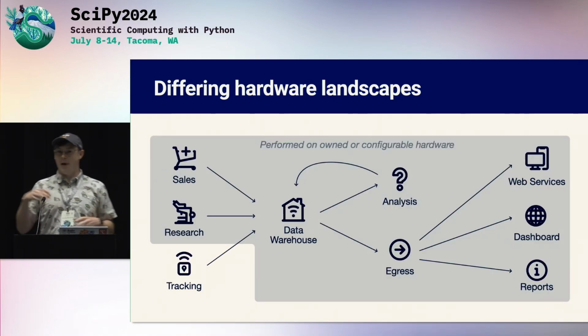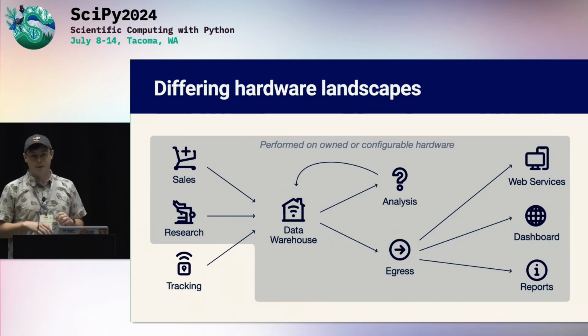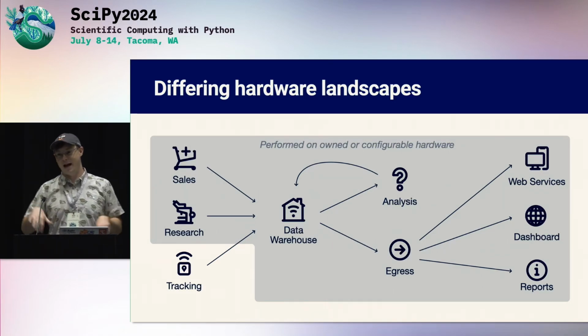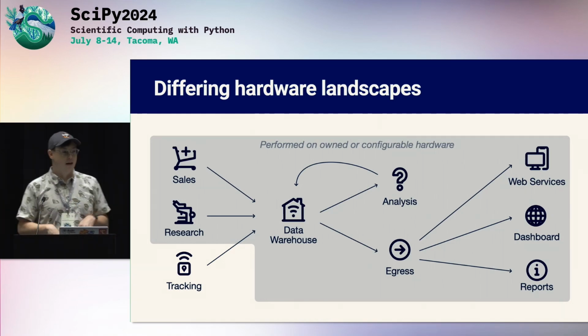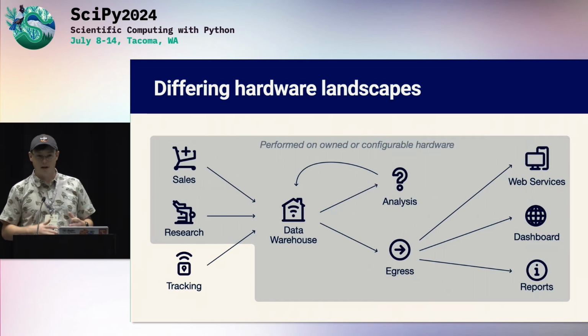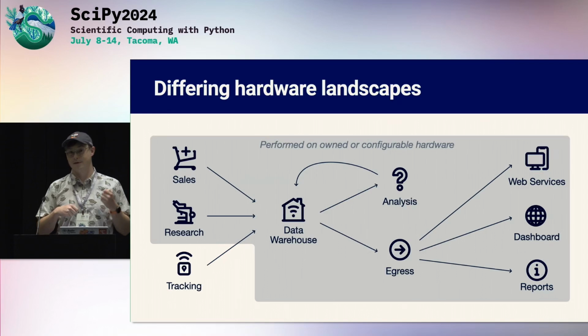This is all kind of backed up by very different hardware landscapes between commercial enterprises and academia and kind of publicly funded projects like this. So as I kind of see it in the commercial landscape, it's very common to have much more control over the hardware and the software that hardware is running.